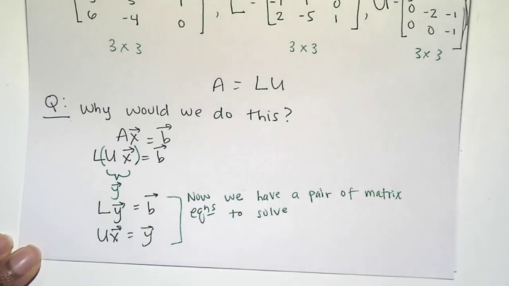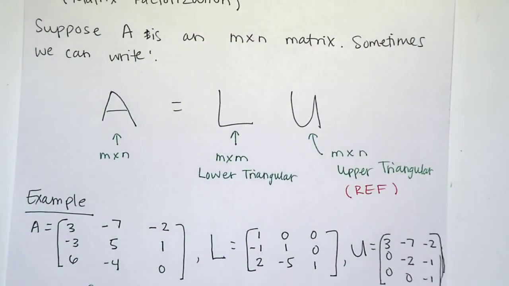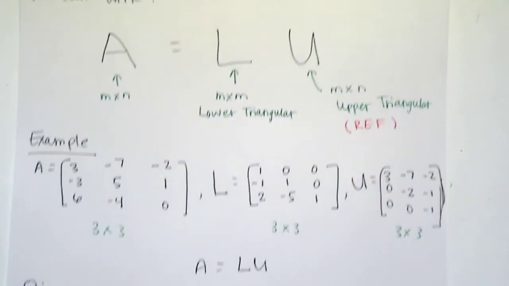Well, because of the way that L and U look, lower and upper triangular, there are a lot of zeros in here. So solving with L and U is actually computationally cheaper than using this big matrix A with very few zeros.